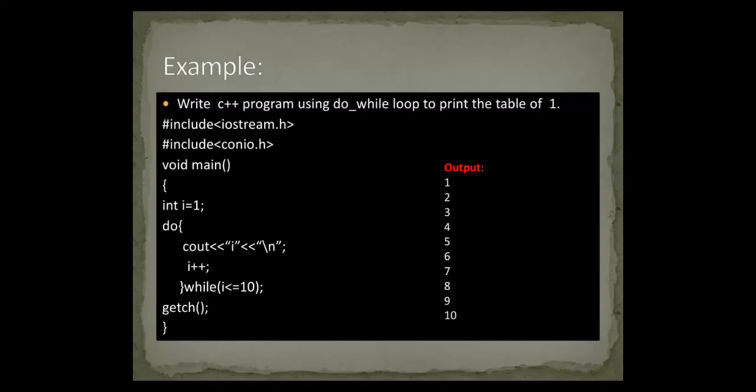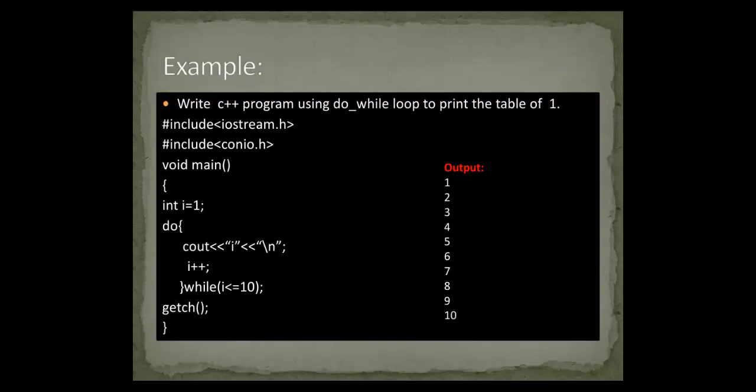Then again it will check the condition, again it will print the number. Likewise this repetition is there for printing and incrementing the value of I until I becomes greater than 10. If I is greater than 10, then it will stop the execution of the program, and you'll get the output like 1 2 3 up to 10.